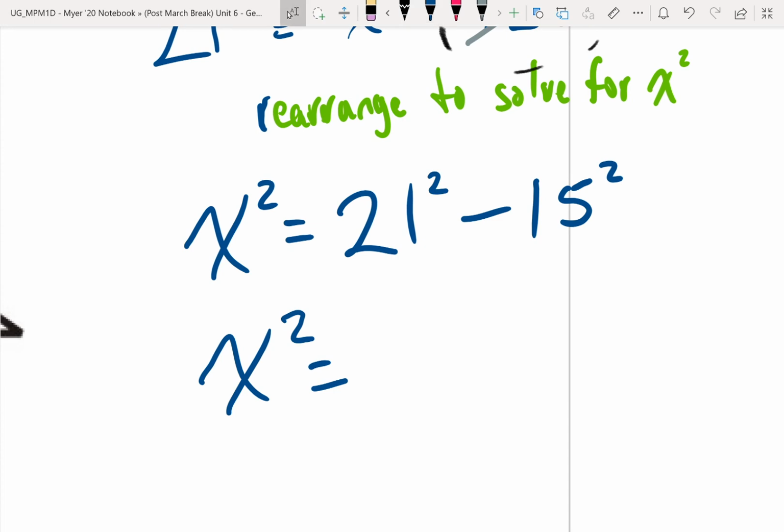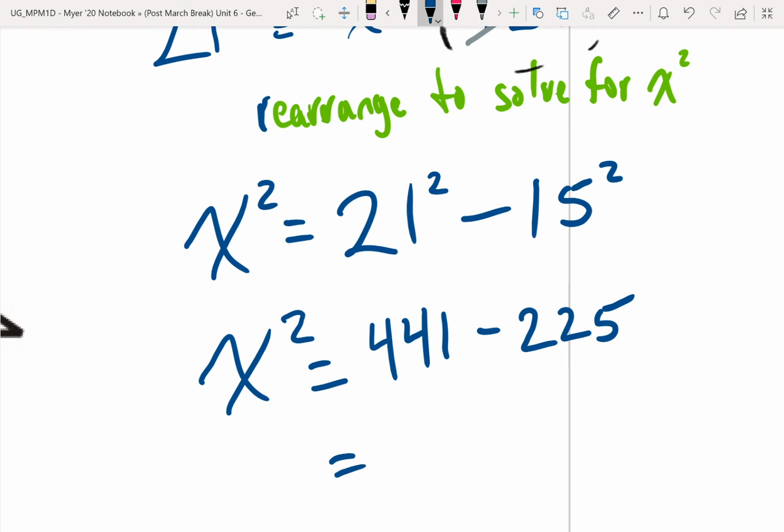So again, I'm going to do this the longer way. You might just put in your calculator 21 squared minus 15 squared, but I'm going to do 21 squared first to figure out what that value is, just to confirm it. So I have 441, and 15 squared is 225. So I'm left with 216. All right, and then we take the square root of 216.